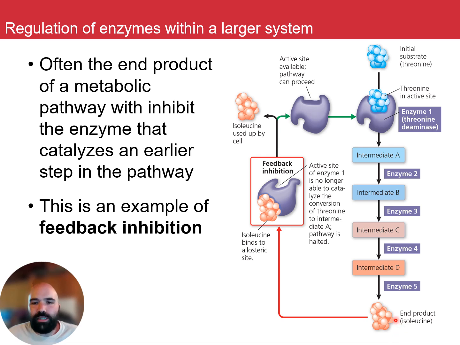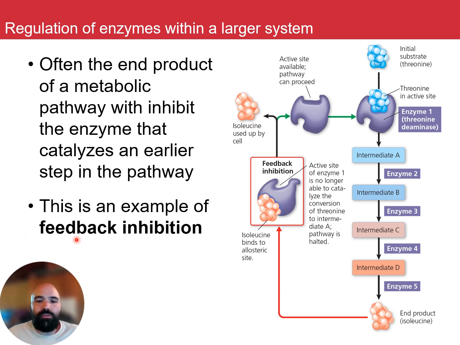And isoleucine acts as an allosteric inhibitor of this very first enzyme, enzyme 1. So when isoleucine is binding enzyme 1, enzyme 1 can't bind threonine. And so we don't get any of these reactions, because if we can't do the first one, we don't get intermediate A, so we can't do the second one, we don't get B, and so on and so on. And so we don't make more isoleucine.